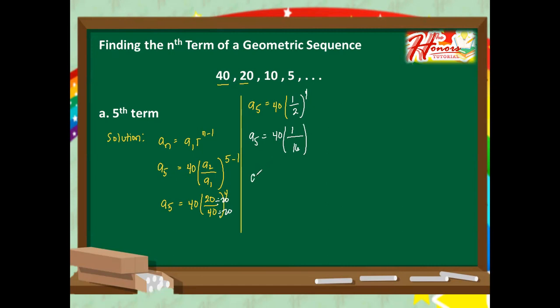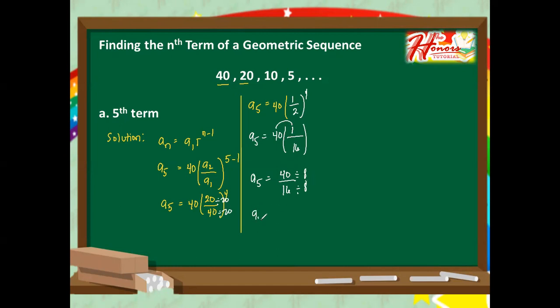So a sub 5 is equal to 40 multiplied by 1, so that's 40 over 16. You may simplify it. Think of a number that can divide 40 and 16. Let's use 8.